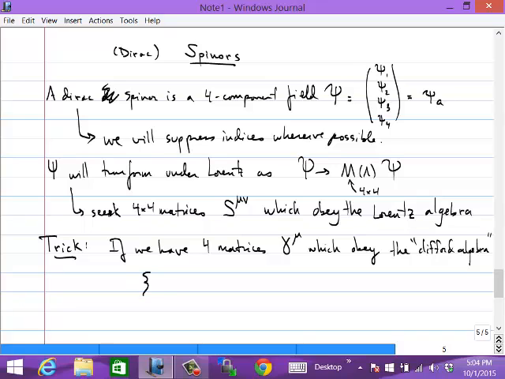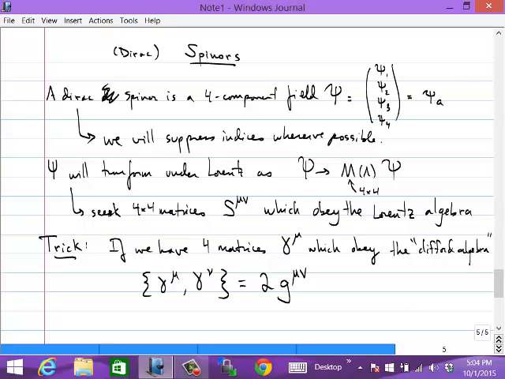The Clifford algebra says that the anti-commutator of two of the gamma matrices, gamma mu and gamma nu, is twice the metric.